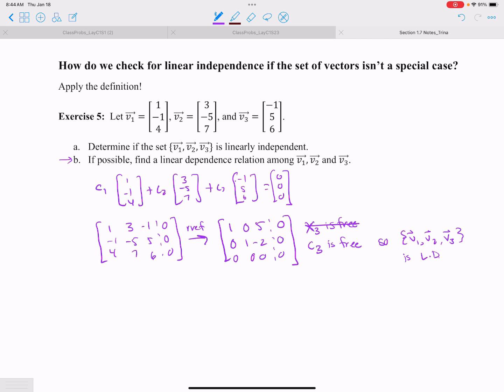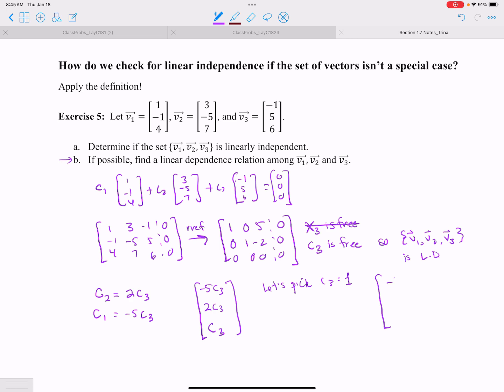All right, so I have C3 is free, C2 equals 2C3, and C1 equals -5 C3. Again, that comes from looking at the first 2 rows of the matrix. So a generic form would be my C3 is free, my C1 is -5 C3, and my C2 is 2 C3. Let's pick C3 equal to 1.